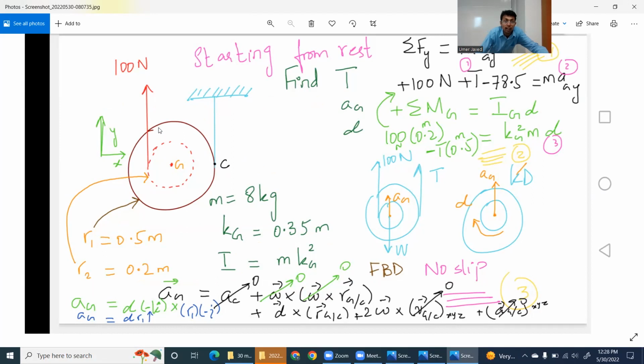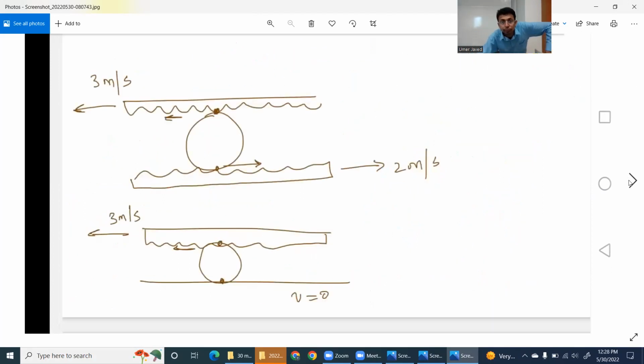You also have to find the angular acceleration alpha. I think so. So a_G, alpha and tension you have to find. And the question says that the no slip condition is given to us. So I don't think we can do this question today. Next time when you come, I can do this question for you.